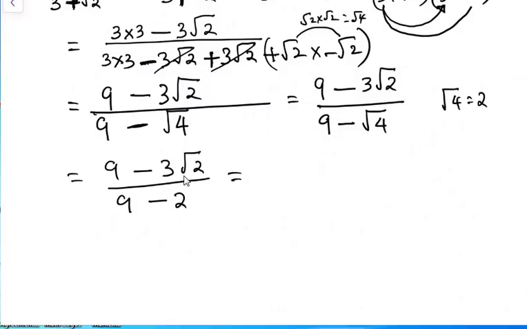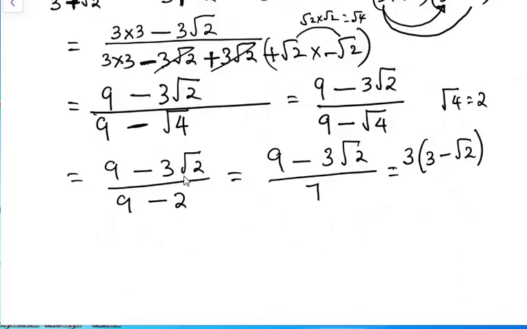So our final answer will be 9 minus 3 root 2 over 9 minus 2, which gives us 7. In this instance, we can solve it this way, but we can still break it down further. What is common to both terms in the numerator, I think 3 is common, and we'll multiply 3 by 3 to give us 9 minus root 2 over 7.